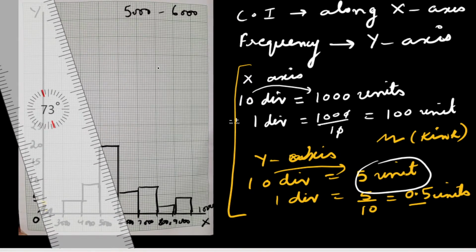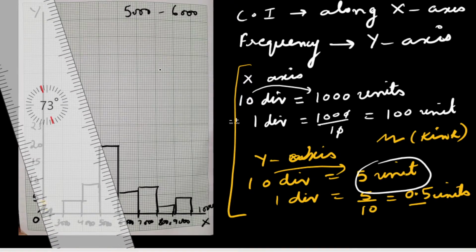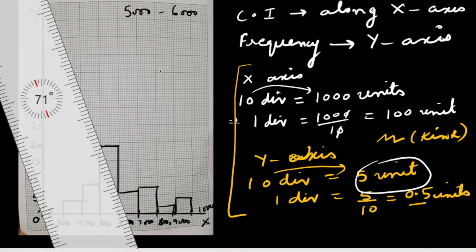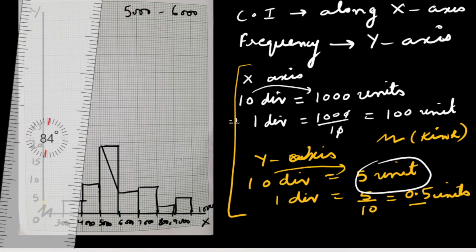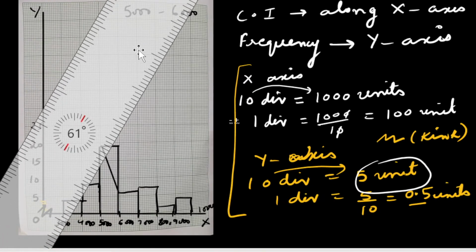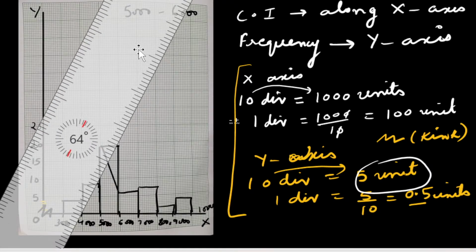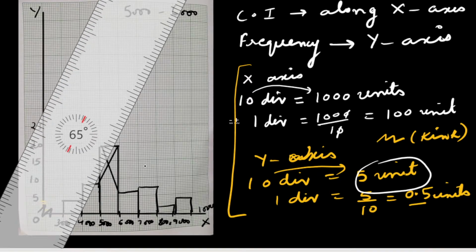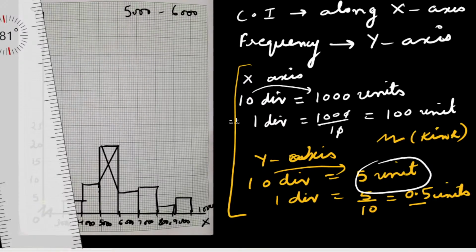Highest point, corner to corner you have to join. The highest point of this corner with the next bar you have to join like this. So the same way here also you have to join. Corner to corner you have to join the highest point of this one with the highest point of the previous bar. Like this you can see I have also drawn.